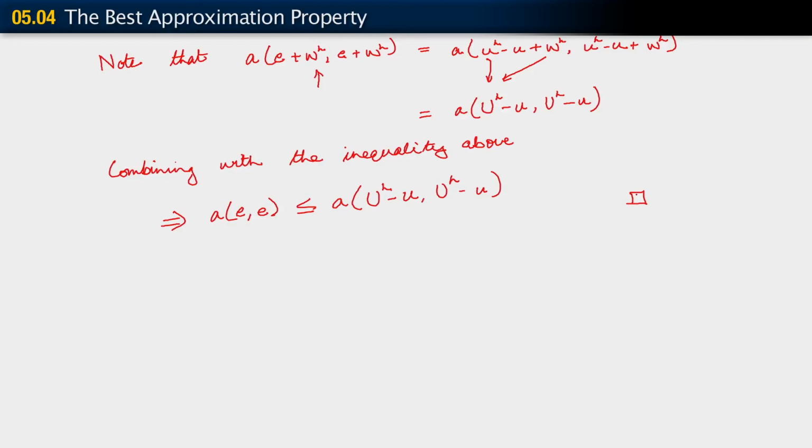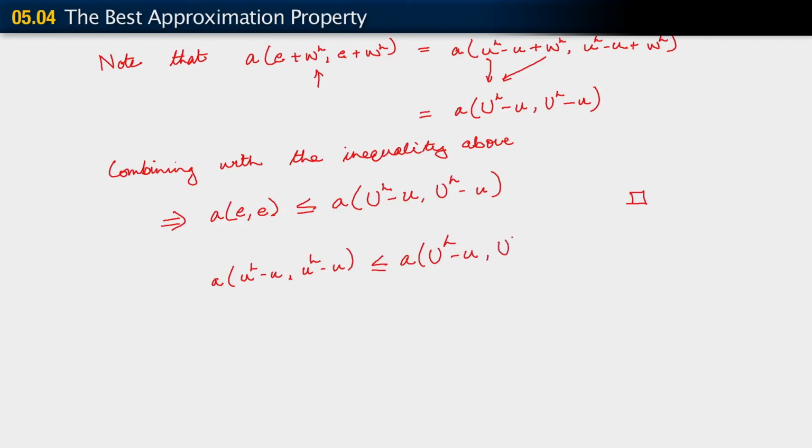And I'll restate the significance of this result. It says that the other way to write this is instead of you expand out the error, right, which is UH minus U. Okay, so the energy norm of the error, where the error is defined as the difference between the finite element solution and the exact solution, is bounded from above, right, by the energy norm of any other function living in SH, right?